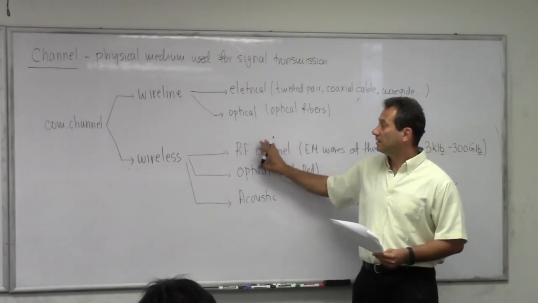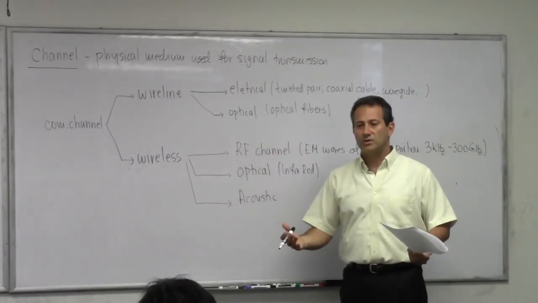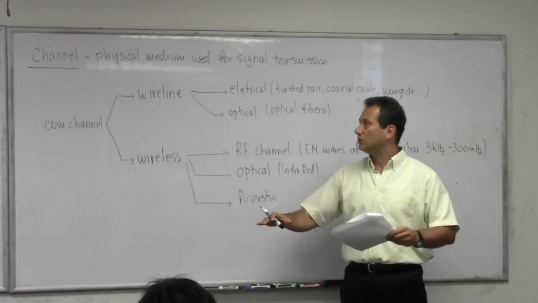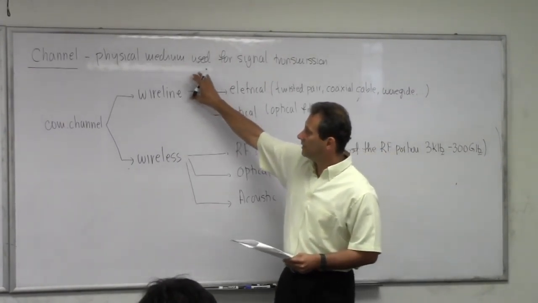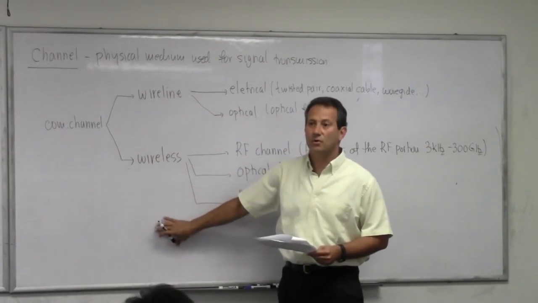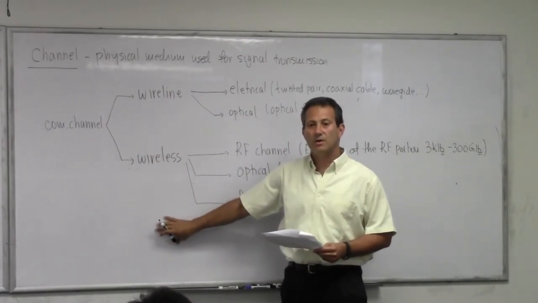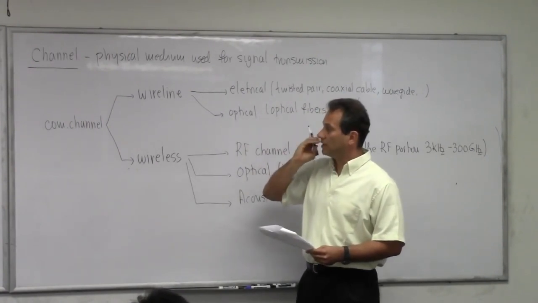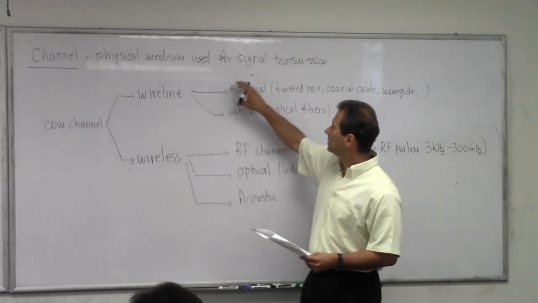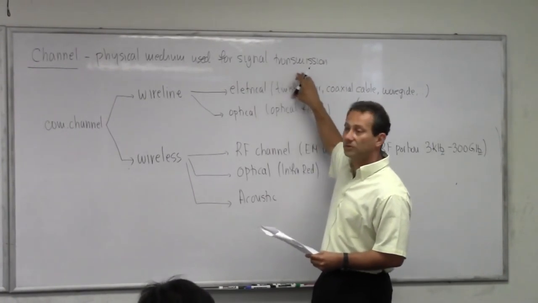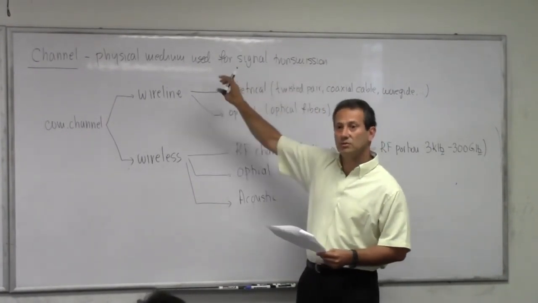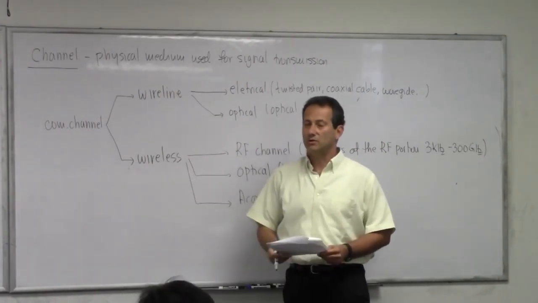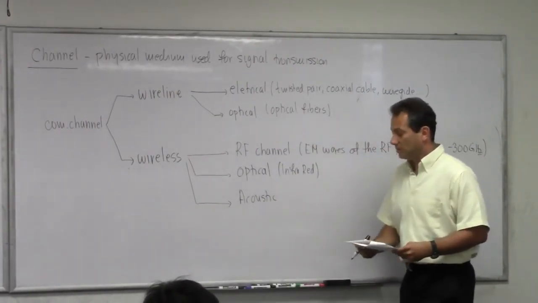But from the standpoint of this course, we're not going to go into that great of detail. We're going to derive a mathematical abstraction for all of these channels and see how we can model them mathematically. Later, when you use all of this theory, you'll say, this is, for example, an electrical twisted pair channel. This fits into this mathematical model. These are the parameters of the model, and you'll know how it will impact the communication system.